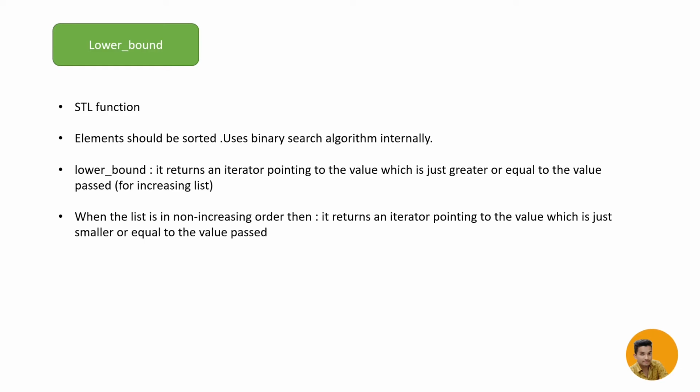That means, let's take an example: 2, 4, 1, 77, 27. This is the list I have, and I have sorted it in non-increasing order. That means 77, then 27, then 4, then 2 and 1.